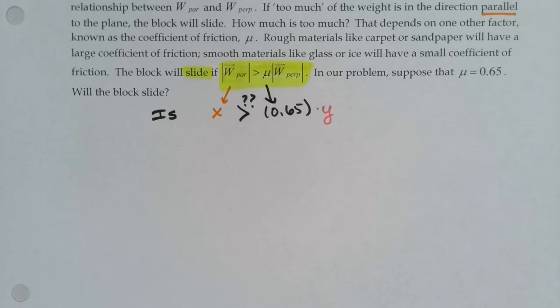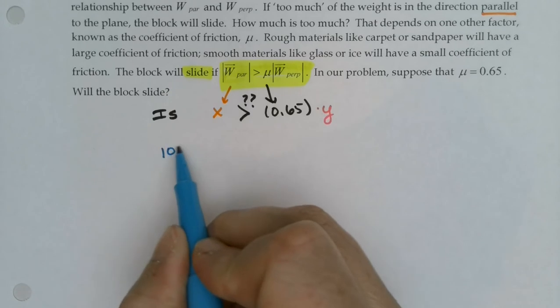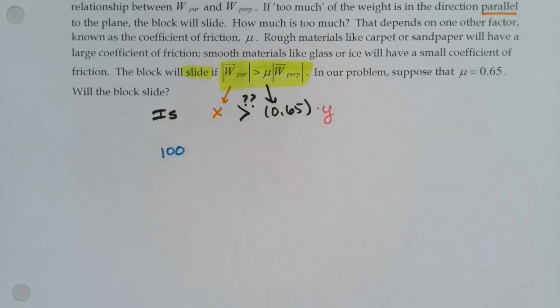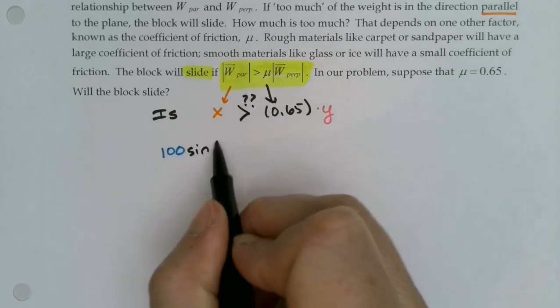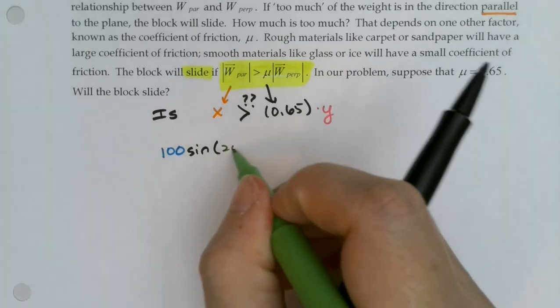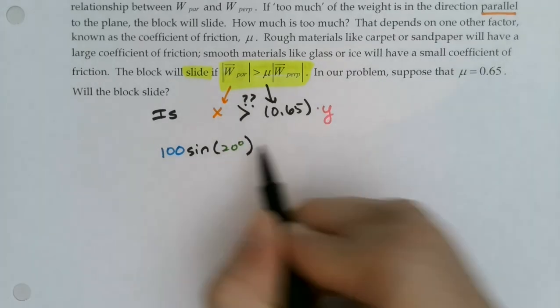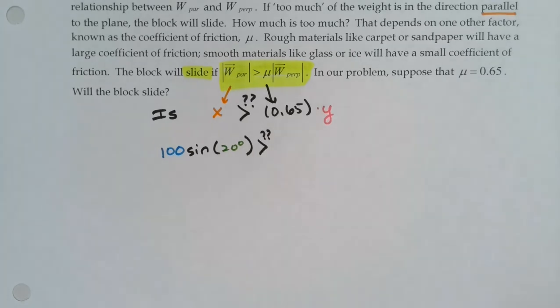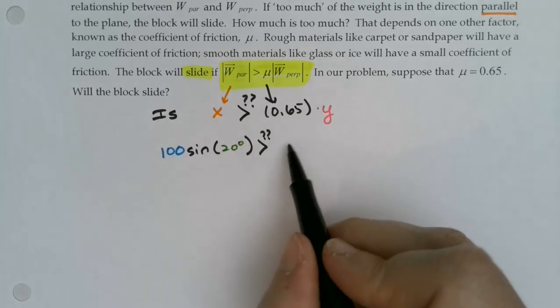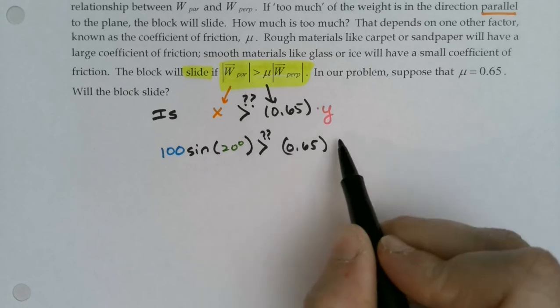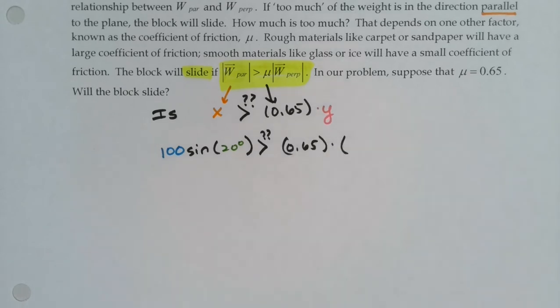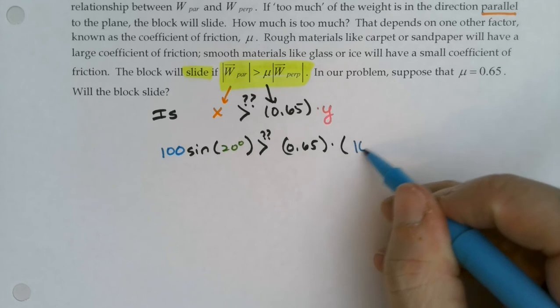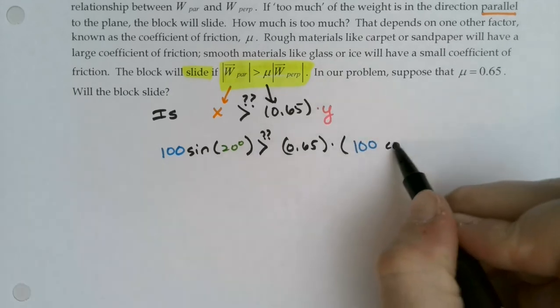Well, x we happen to know was 100 times the sine of 20 degrees, and we're putting a question mark over the comparison because we're not sure. And this is 0.65 times y, which was 100 times the cosine of 20 degrees.